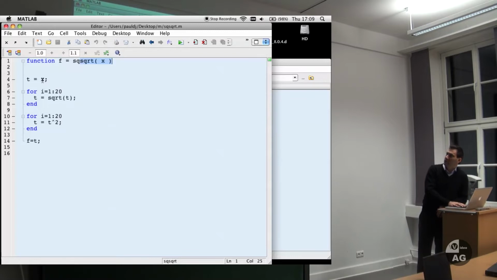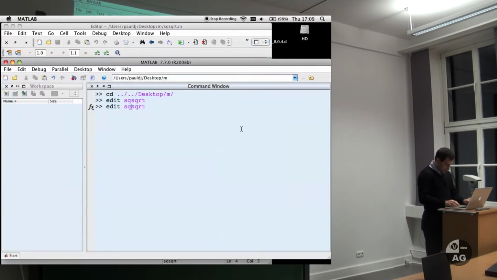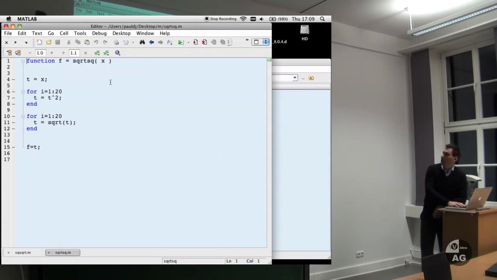So what I do, I start from a number and then I apply the square root 20 times. I loop square root, square root, square root. Once I'm done, I do square, square, square, and I return. And by contrast, I have SQRT SQ, in which we have the square first, so we square, we square, we square, and then square roots, square roots, square roots.